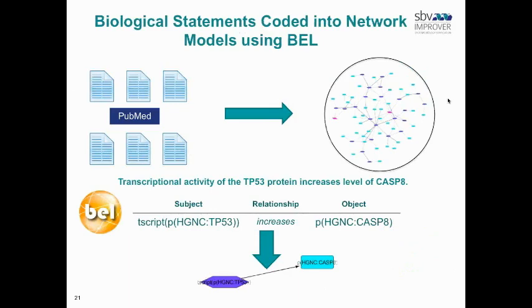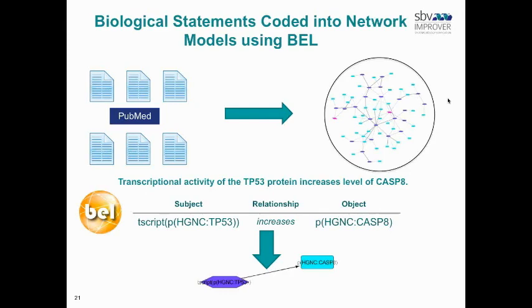Okay, how this network was built. The data from the literature were extracted and coded in Biological Expression Language. The Biological Expression Language is also publicly available and can be downloaded, and people from academia can also use it to create their own knowledge base on their own computer.